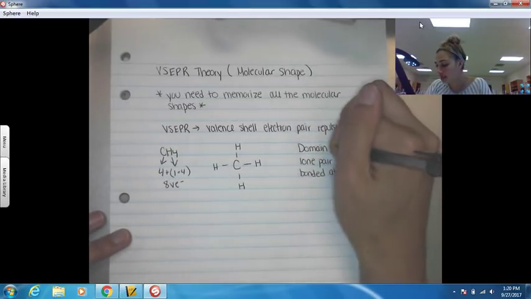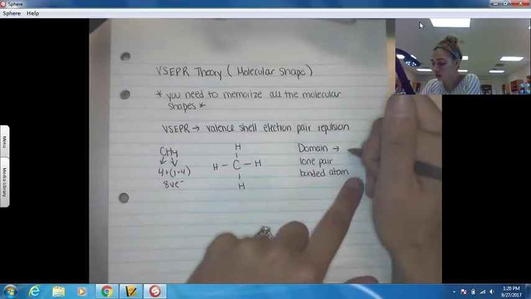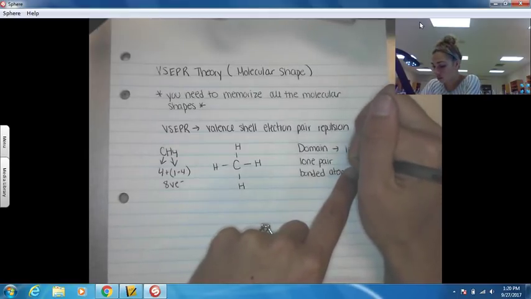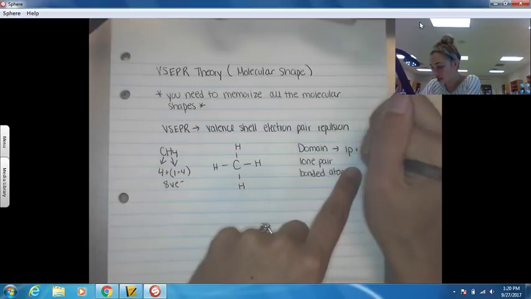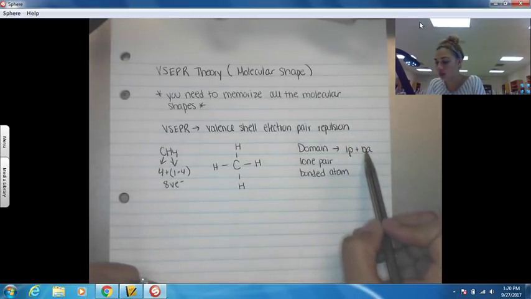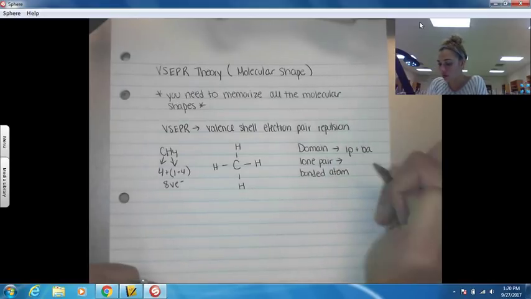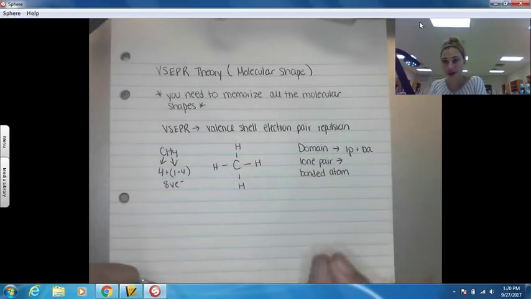A domain is simply the number of things around the central atom. So it's always going to be the lone pairs plus bonded atoms. So it's the number of lone pairs plus the number of bonded atoms. The lone pairs are the number of paired electrons that are around the central atom.